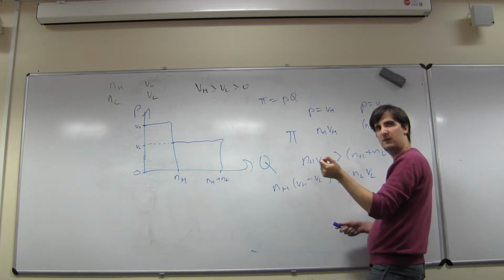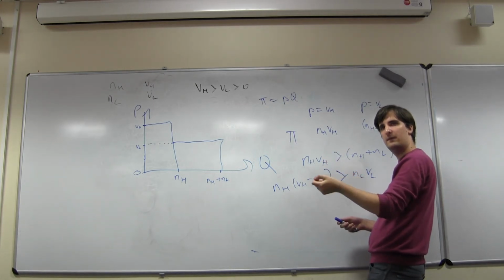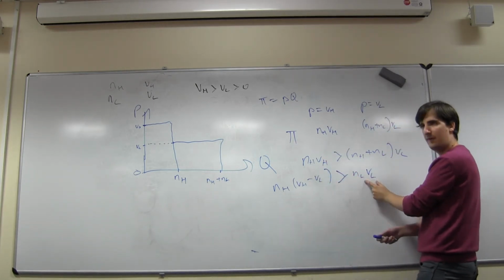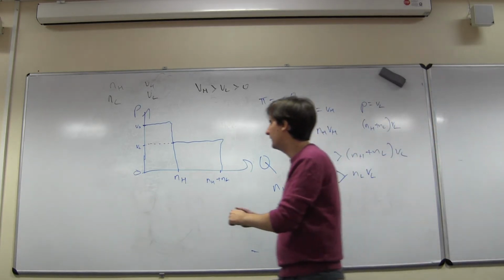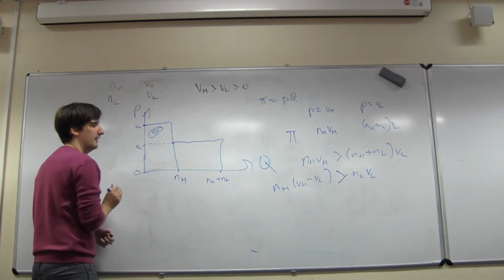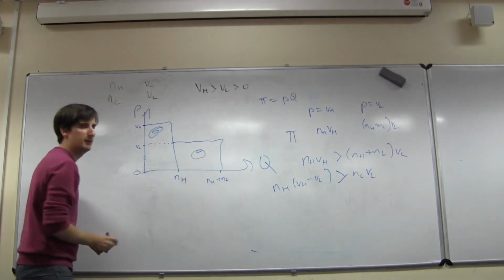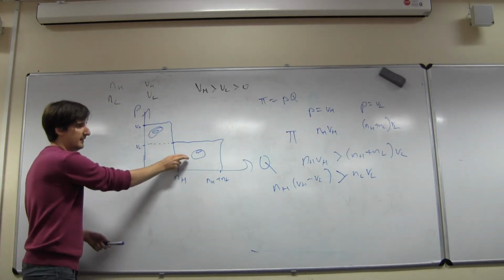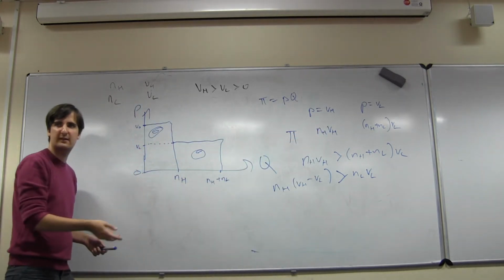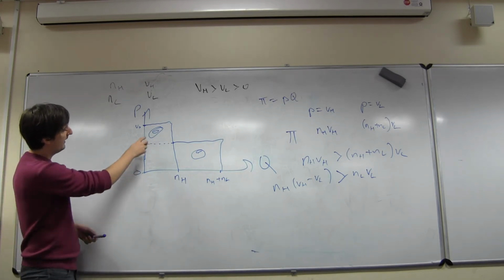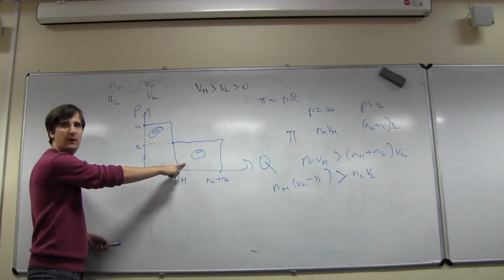It's the extra profits you get from selling to the consumers at the high price rather than low price. This is the profits you get from selling to the low consumers. So this is saying that this square has to be bigger than this square. If this square is bigger than this square, then you want to set the high price, otherwise you want to set the low price. So the way I've drawn it you'd want to set the low price.